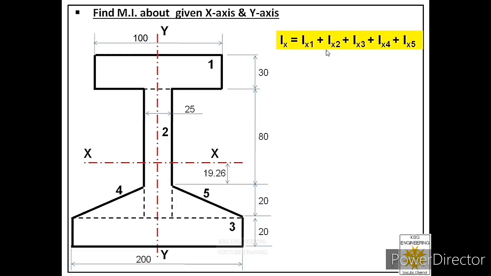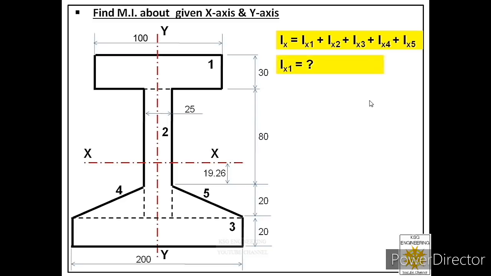Where Ix1, Ix2, Ix3, Ix4 and Ix5 are the moments of inertia of areas 1, 2, 3, 4, 5 about the main axis, x-axis respectively. It means if we have to find Ix, we first have to find these 5 unknowns. So let us start with the first unknown, that is Ix1.